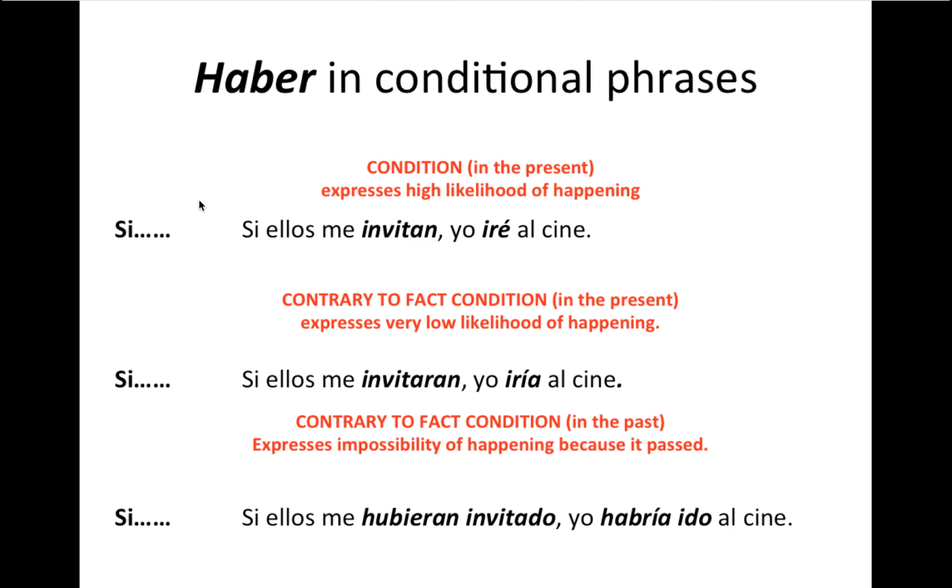Notice how time is expressed in each of these. And in the very last one, haber throws it slightly before the past, communicating the impossibility of action. This is explained further, these conditional phrases, in the other PowerPoints on the subjunctive.